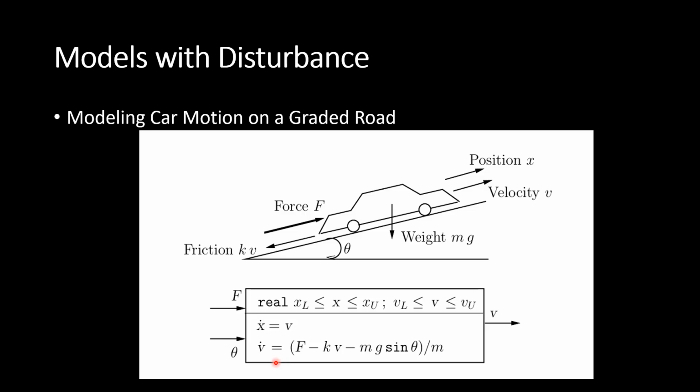Now the equation for v dot has changed from (F minus kv) by m to (F minus kv minus mg sine theta) by m. This component corresponds to the disturbance component present for the input.